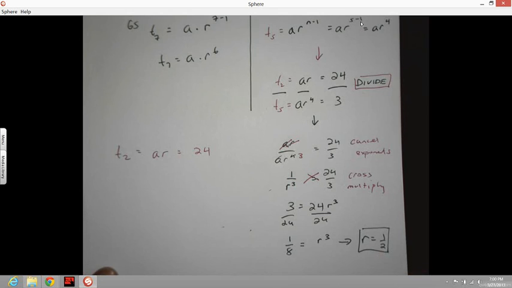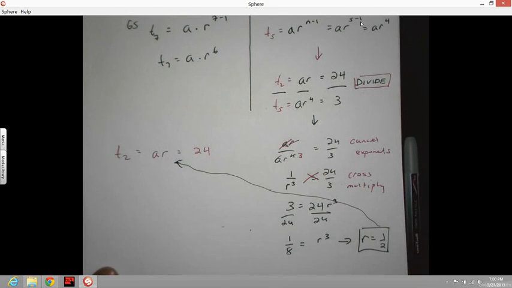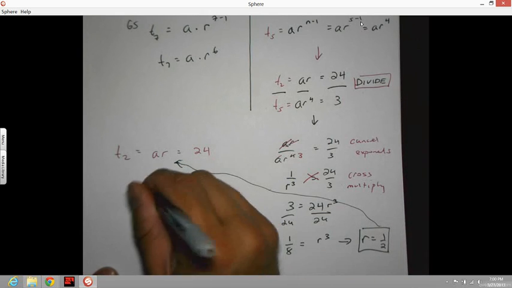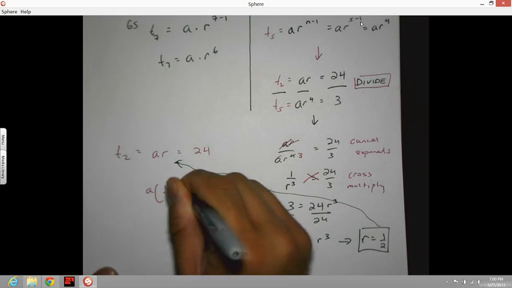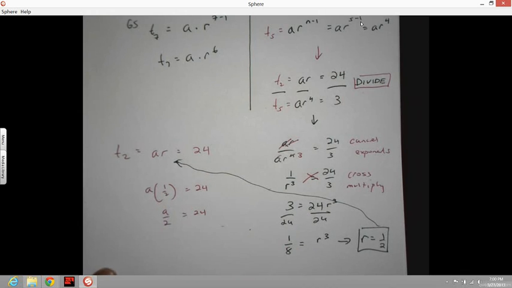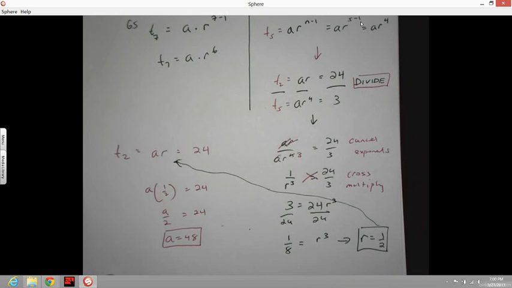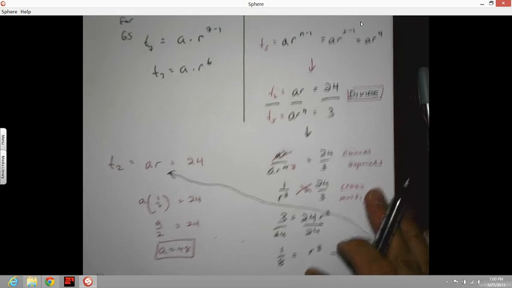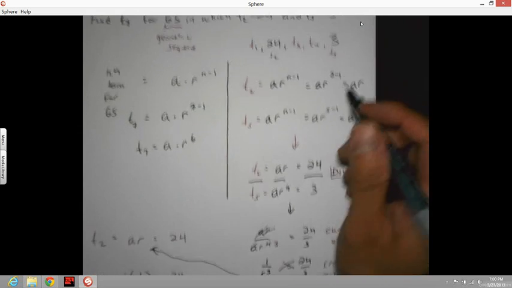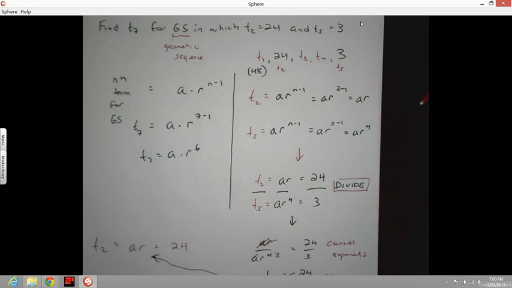If I plug it all the way back into here, it's going to be A times 1 over 2 equals 24, or A over 2 equals 24. My very first term, A, is then equal to 48. That's my first term. So if I go all the way back to my original sequence up here, this one was actually 48. And of course that makes sense now.